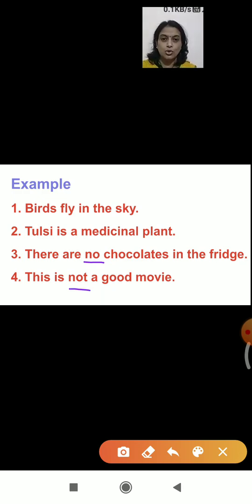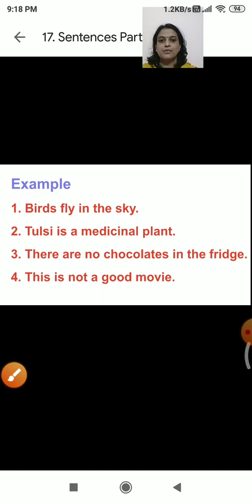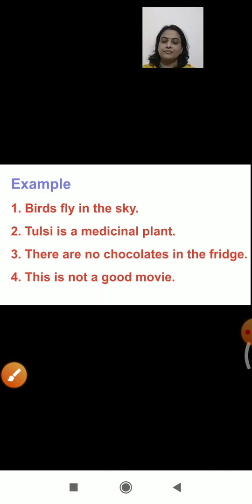So these two words which have come in these two sentences make these two sentences a negative statement, right, or a no statement. Followed? So they are the declarative or the assertive sentence, but they are also negative sentence. Okay? Yeah. Now let's move ahead. You followed till here? Okay.